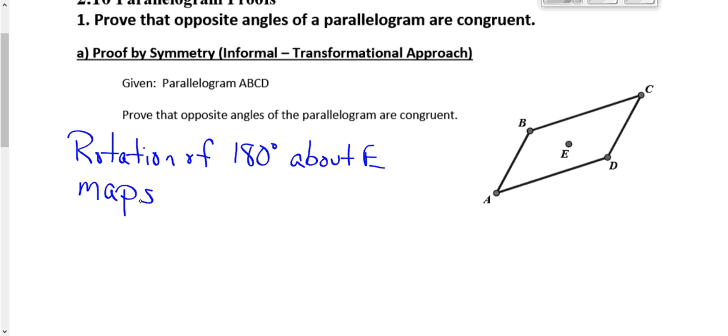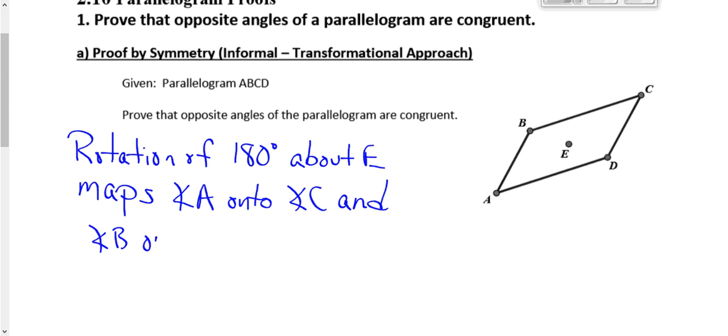Okay? Let's see, angle A onto what? Angle C. And what else gets mapped that way? Angle B onto angle D, right?